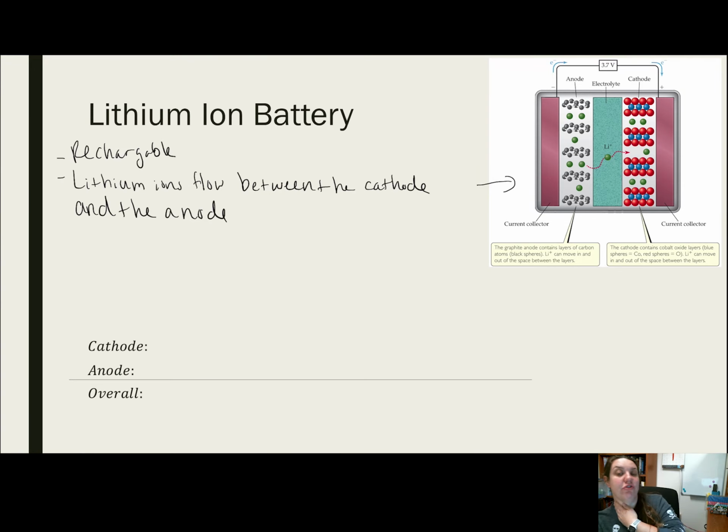During the charge and discharge processes, lithium ions are inserted or extracted from the interstitial spaces between the layers in our anode and our cathode.